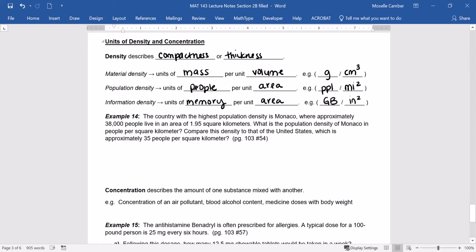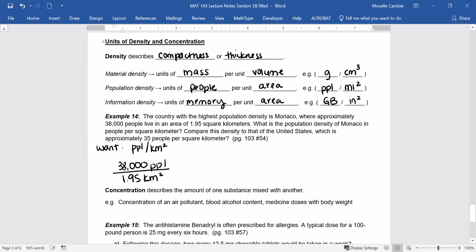Okay, so first question: what is the population density of Monaco in people per square kilometer? So we want people per square kilometer. What we have here is that there are 38,000 people in an area of 1.95 square kilometers. So in the same patch of area, we have 38,000 people, and we also have 1.95 square kilometers.